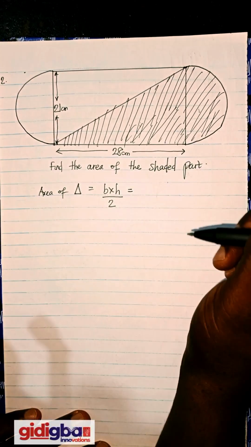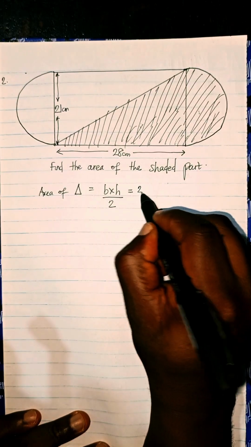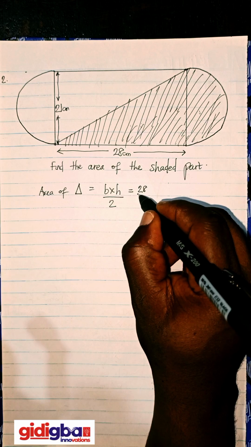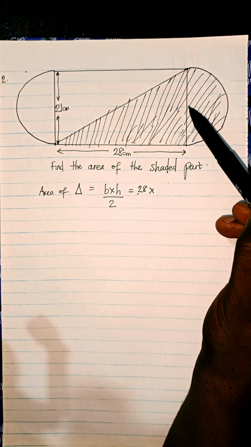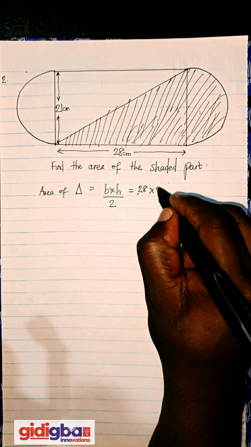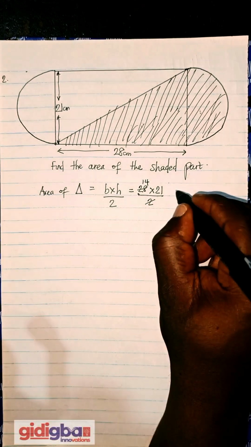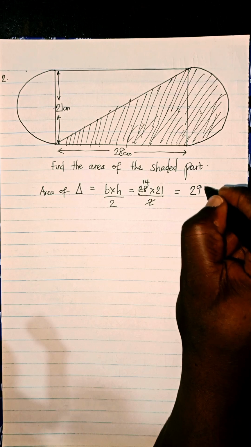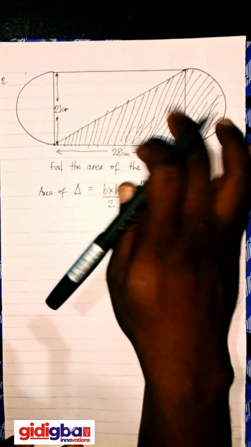So here we have base times height over 2, where the base right here is 28, while the height, which is also the same thing as this line, is 21, and then divided by 2. 28 divided by 2 is 14, and 14 times 21 gives us 294. So 294 centimeters squared. That's for this part of the shaded part.